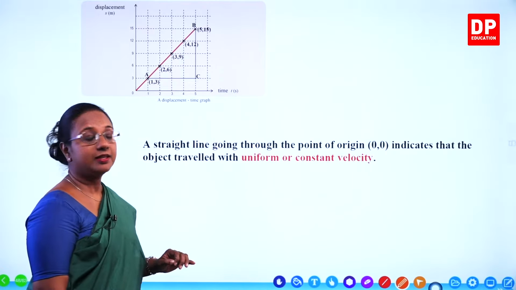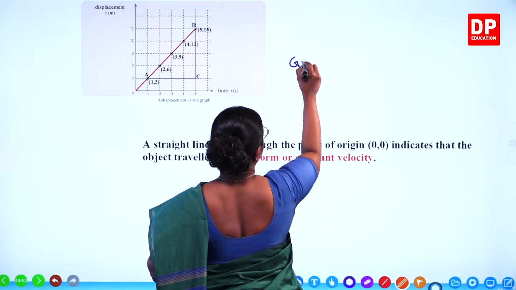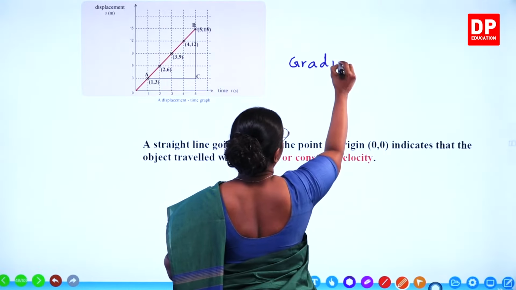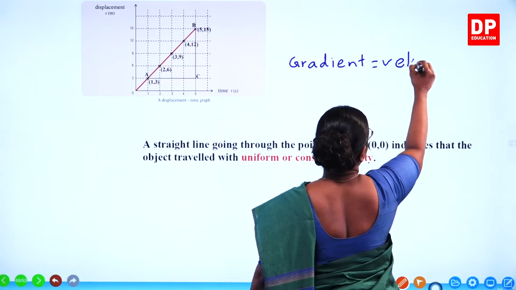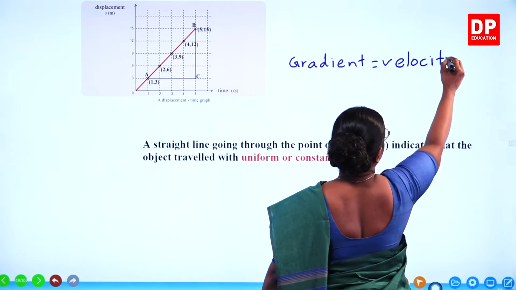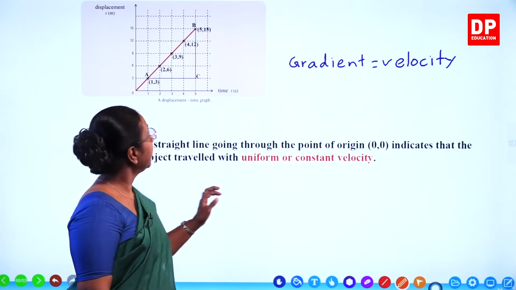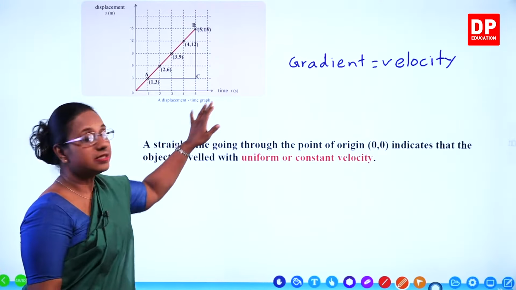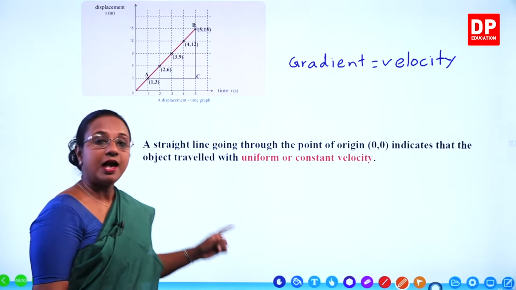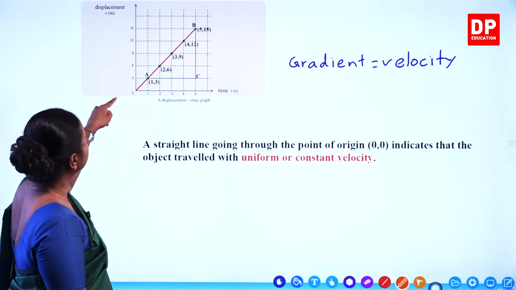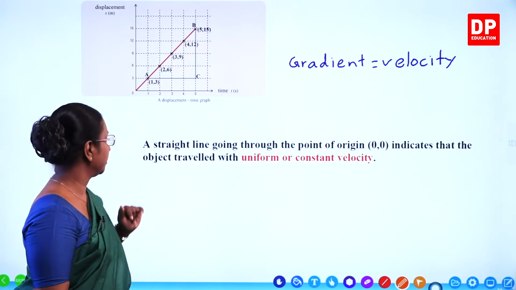We calculated the gradient of the graph, and the gradient was equal to velocity. So remember students, the gradient of a displacement time graph will give you velocity. At the same time, by looking at the shape of the graph, you can come to this conclusion.